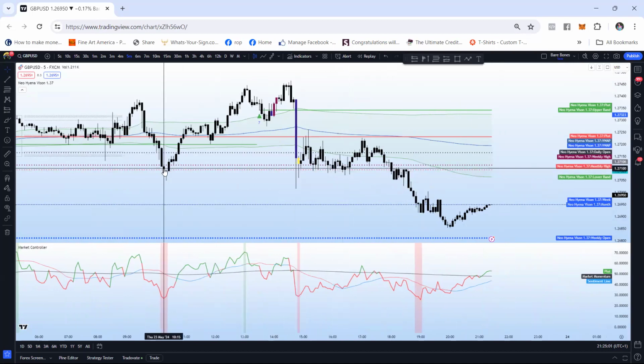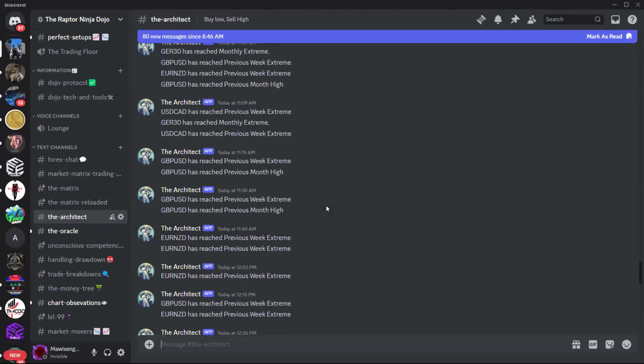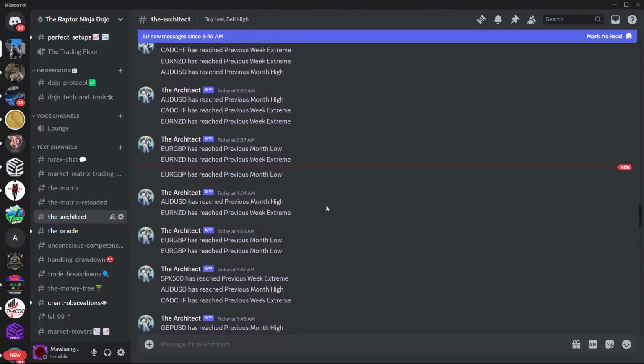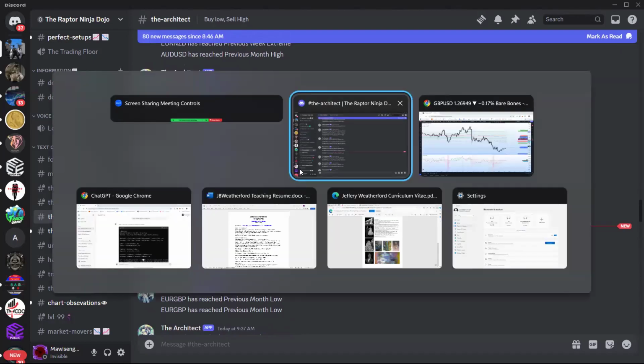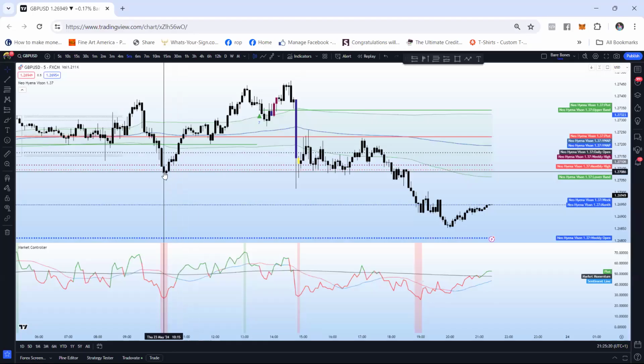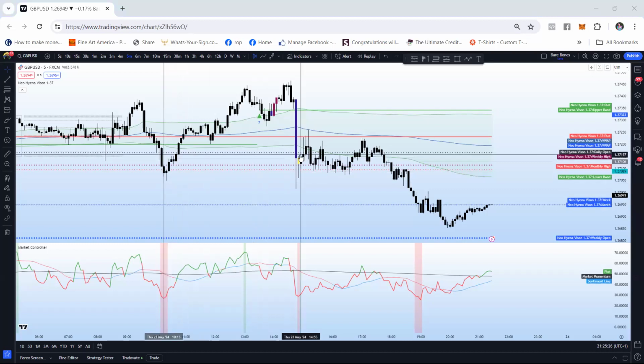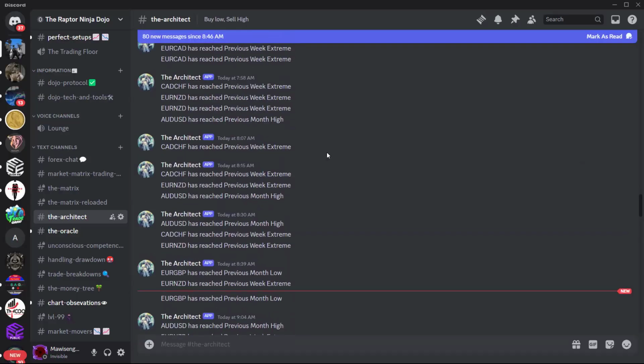Would it be my whole screen if I shared that I could switch back? Okay. Can you see my Discord right now? I can see Discord right now. Yes. Okay, cool. So let me go back to this time, 10:15. That would have been 5 o'clock. So let me go back to Discord.